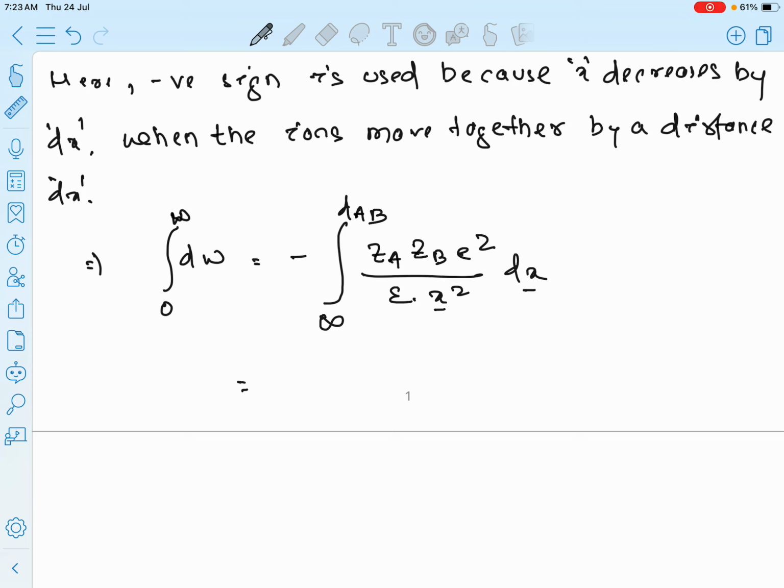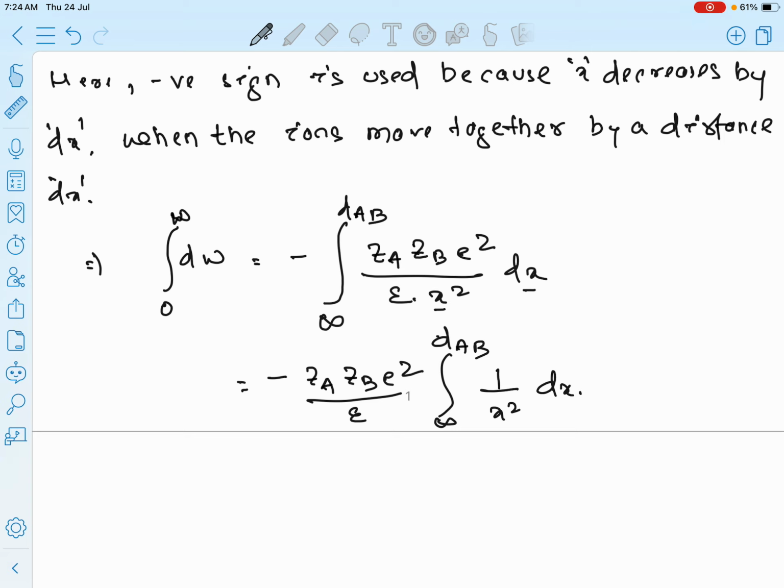So x will only vary. Taking out the constant terms from the integration, we are left with 1 by x square dx.